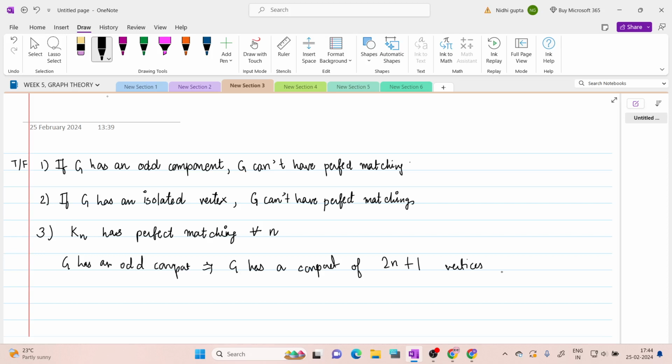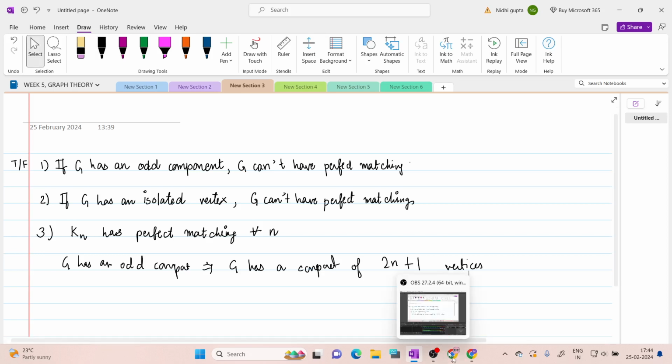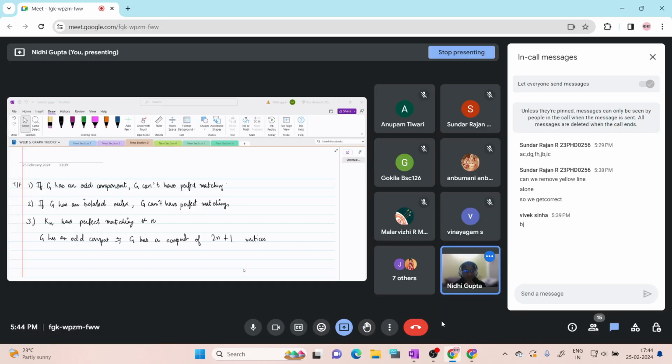So if a graph has an odd number of vertices, can that graph have a perfect matching? No. Why can it not have a perfect matching?